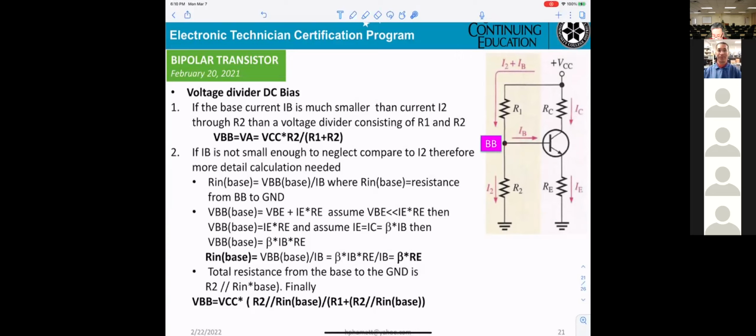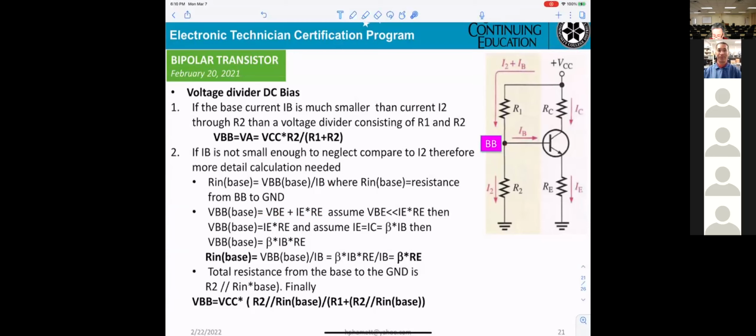That means the resistance from VBB to the ground. So in order to do it, we have to calculate R in base equal VBB divided by IB. And VBB at the base is VBE plus IE times RE.